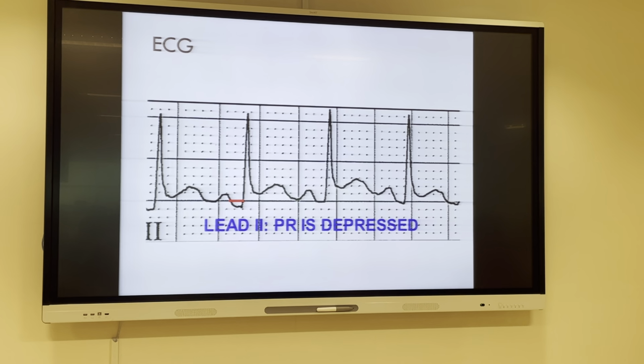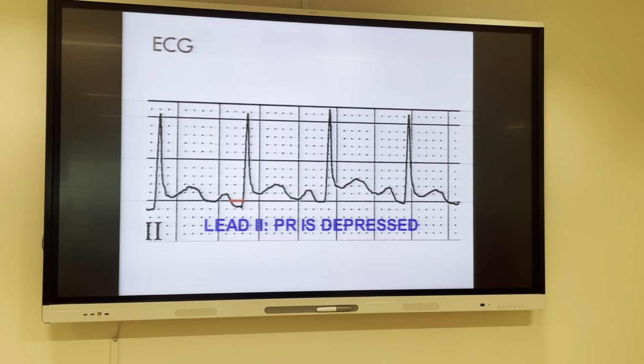When you have ventricular fibrillation, the mortality increases 10% per minute. Meaning you have VFib now, 1 minute, 90% survival, 2 minutes, 80%, 10 minutes, less than 1% survival.